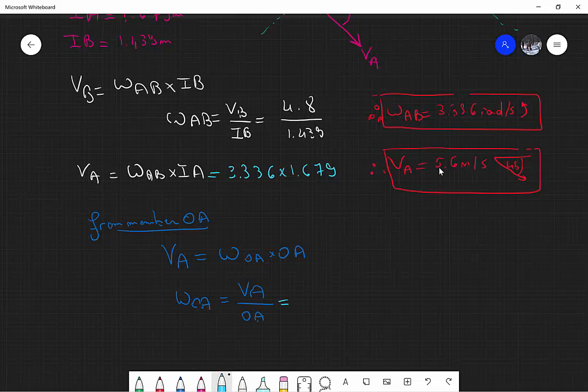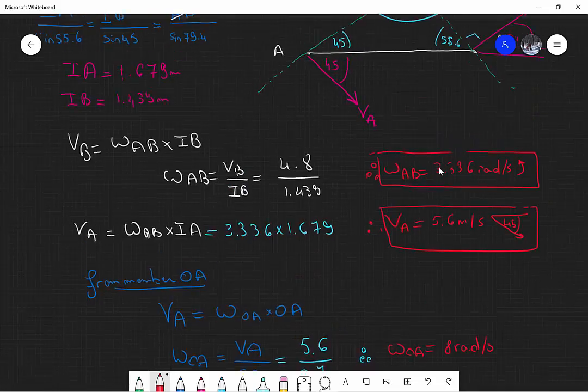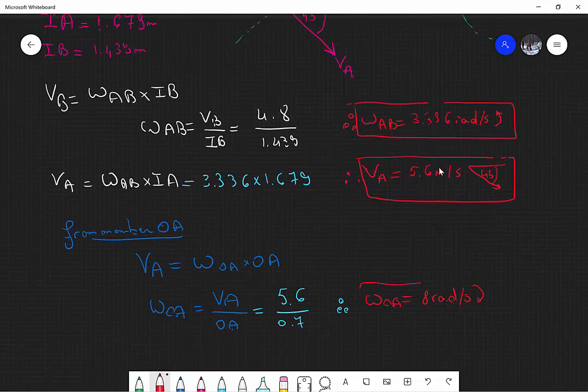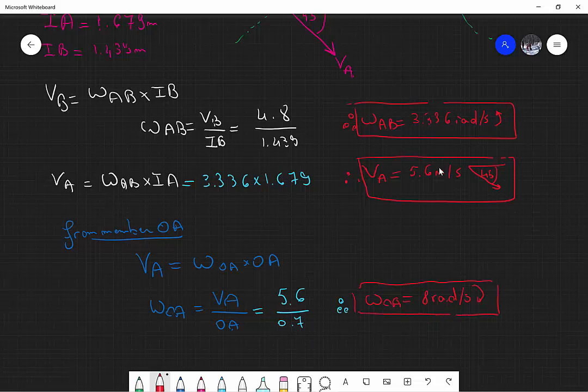So the VA was 5.6 over the OA, which was 0.7. Therefore the omega OA will be equal to 8 radian per second, and the direction of the omega OA will be clockwise as previously found. This was the second problem.